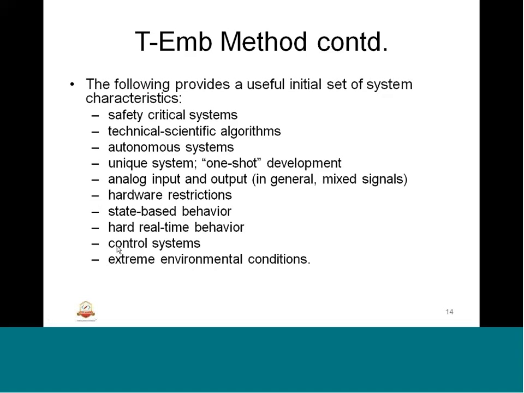All these have to be considered for doing the embedded system testing. Safety critical systems, technical scientific algorithms, autonomous systems, unique system, one-shot development, analog input and output or mixed signal, hardware restrictions, state-based behavior, hard real-time behavior, control systems, extreme environmental conditions.